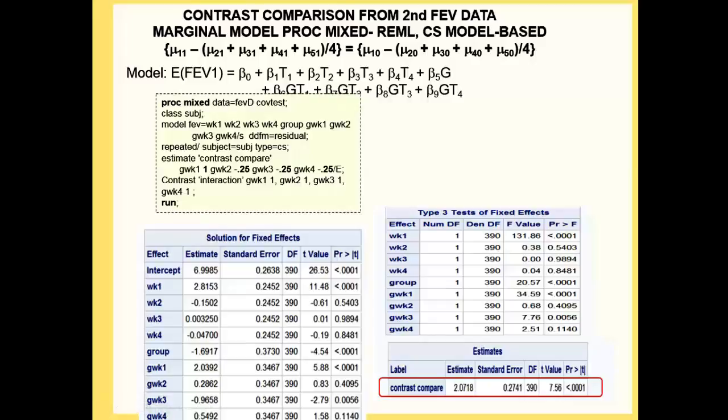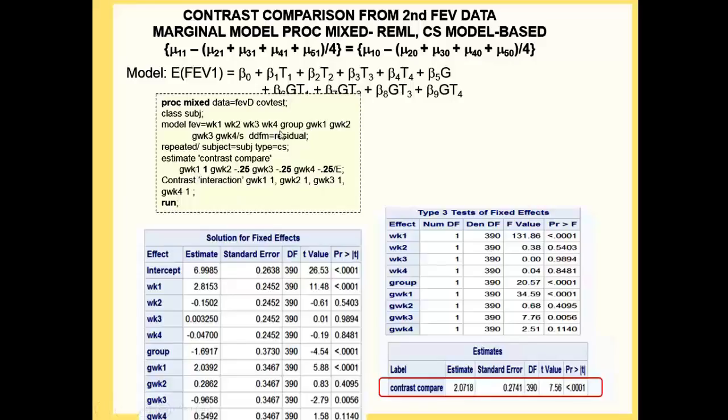So what's this estimate doing? It's a little tricky. Is it a contrast? Is it a test? No, it's an estimate. What is it estimating? GWK1 is the first interaction, the coefficient beta 6.